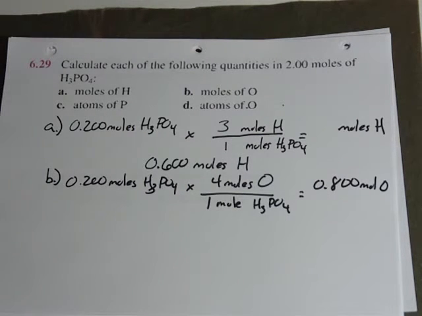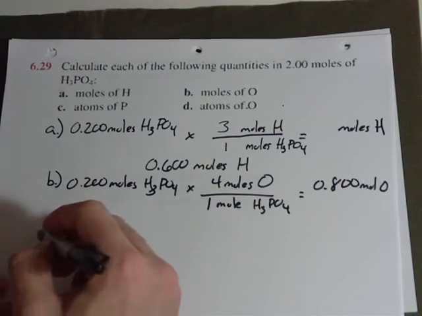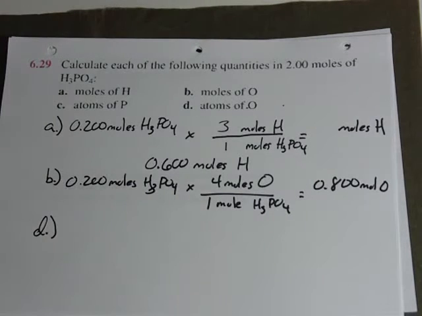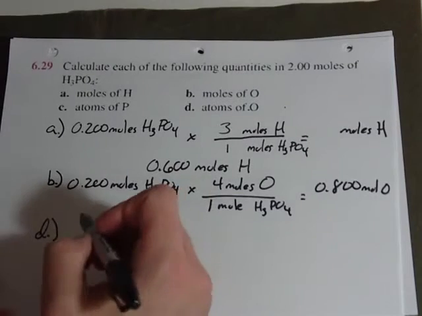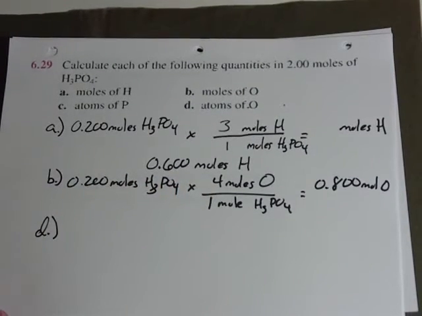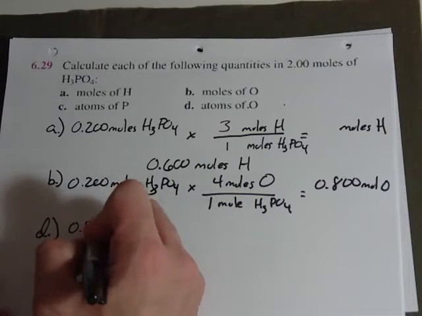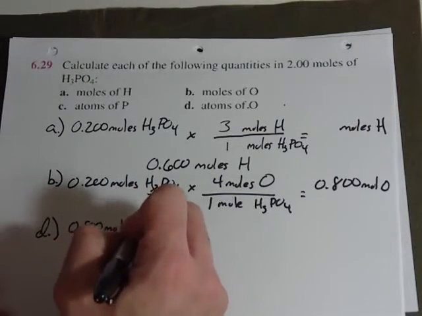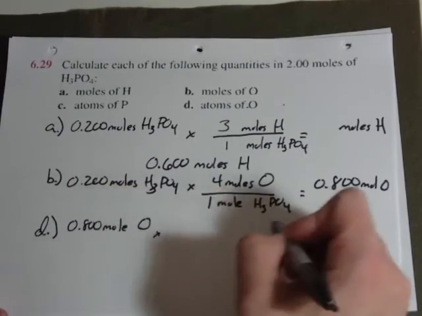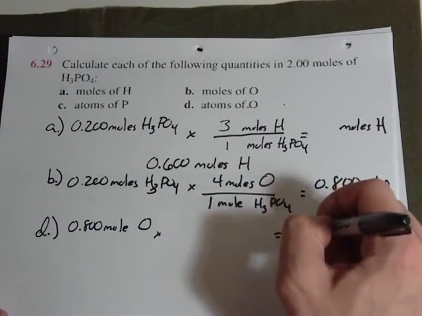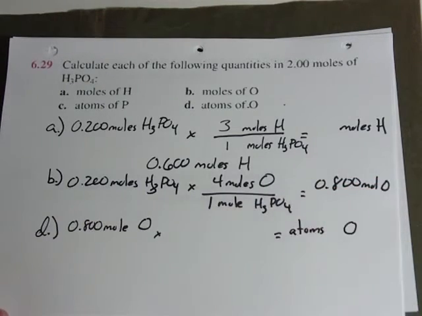Then we can just do one more. We'll do D. We'll just skip to D. So we already found out how many moles of oxygen we have. And so now we're asked to solve the number of atoms. So we're just going to go one step further and use Avogadro's number. We have 0.800 moles of oxygen. We want to get to atoms of oxygen.